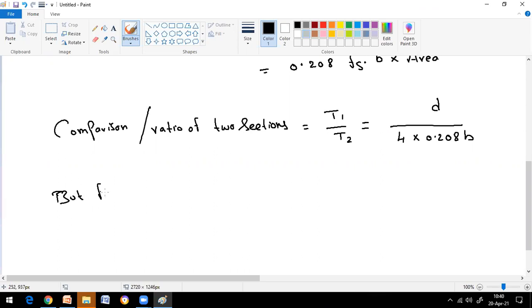But for equal weight, what will be equal? Can anyone? When members are having equal weight, what can I make equal?